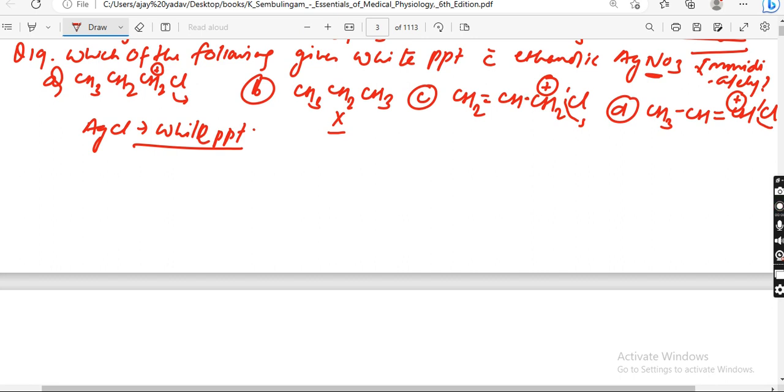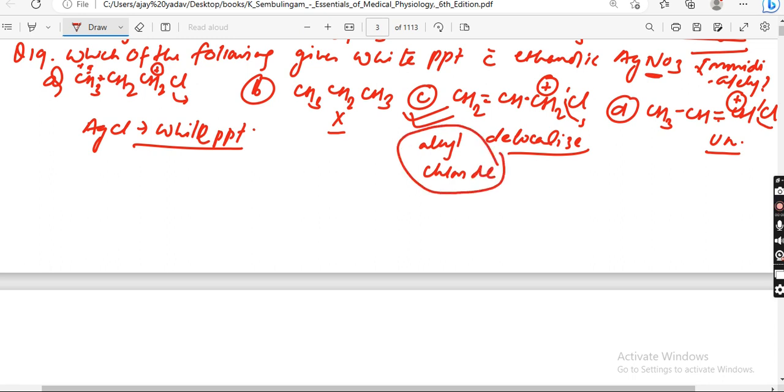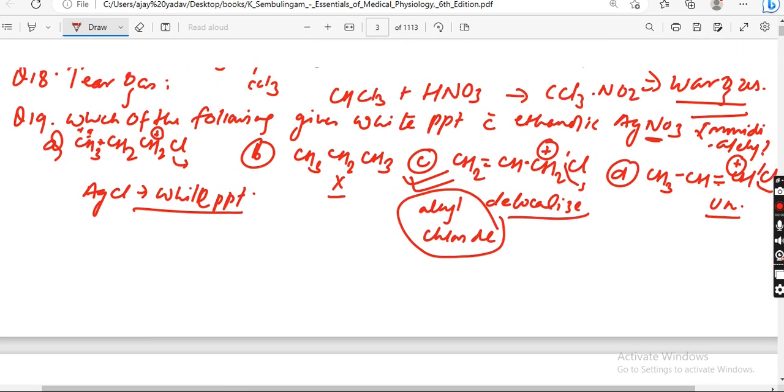This one, because the positive charge delocalizes over here. But here, look, positive charge and double bond, this is unstable. Again, this is showing plus I effect over here. So this will react more, and this will be the answer. That is allyl chloride. Allyl chloride will be the answer, right? Are you getting it?